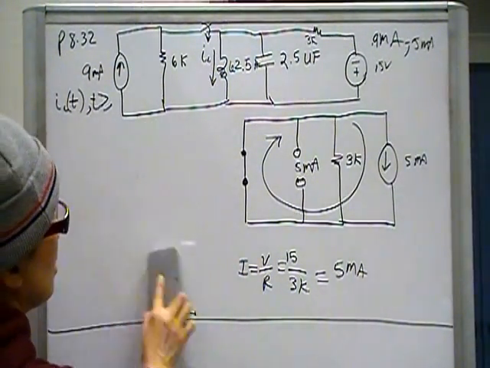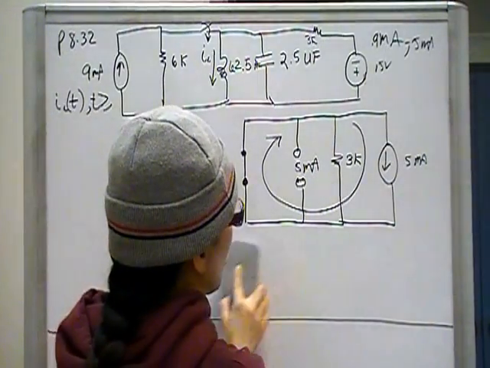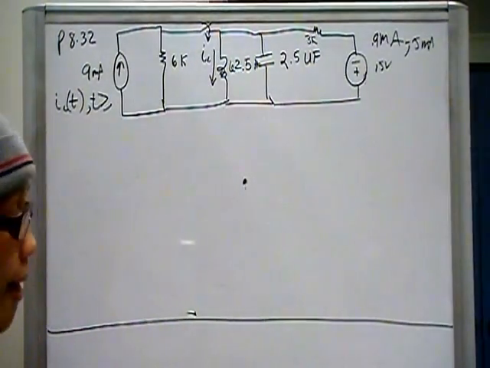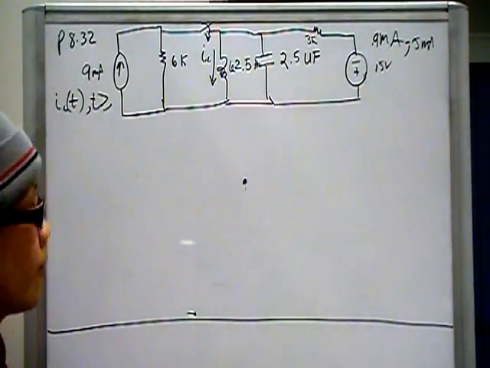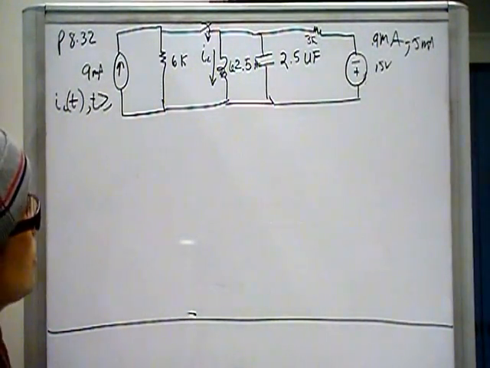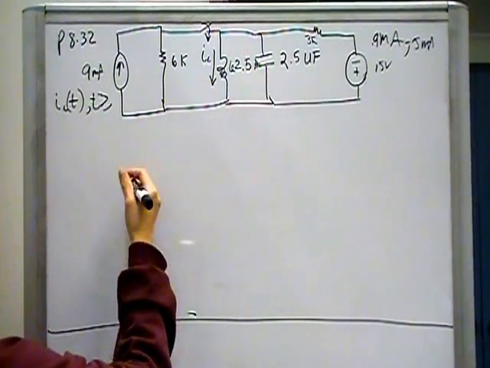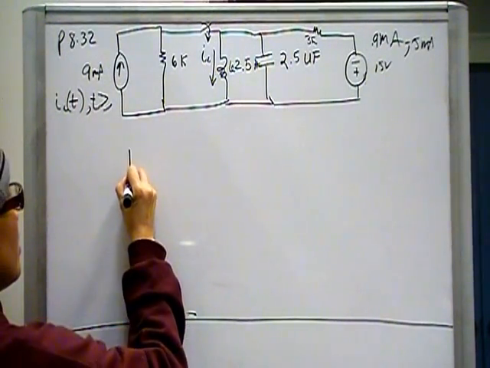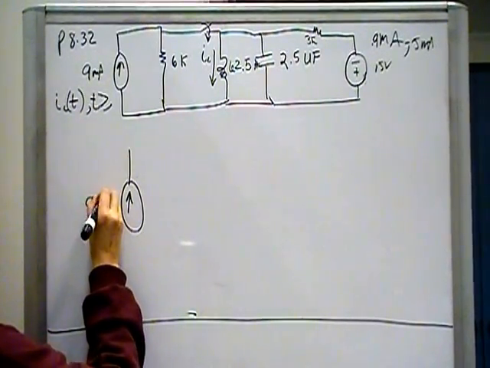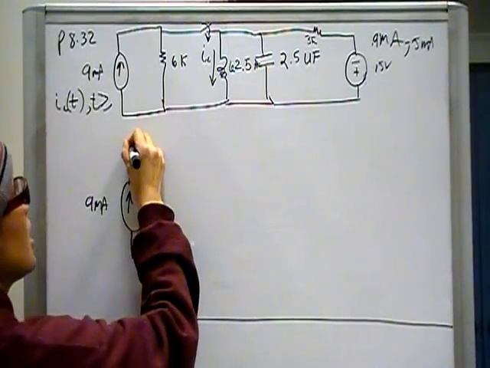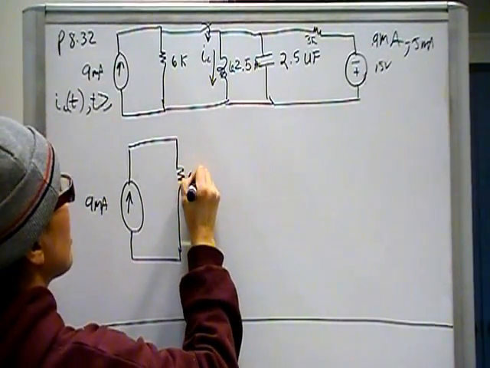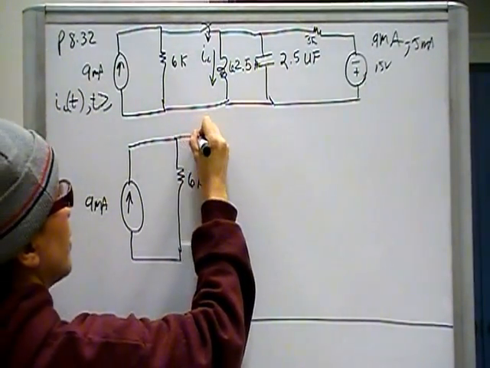What does this circuit look like a long time after the switching happens and it's reached its steady state? Well, it looks like this. The independent sources are still there. So after a long time, we have something that looks like this: 9 milliamp over here, this resistor is still here, 6K.